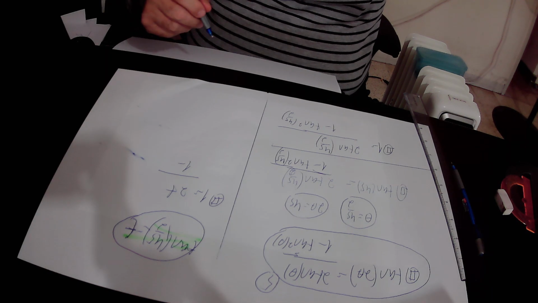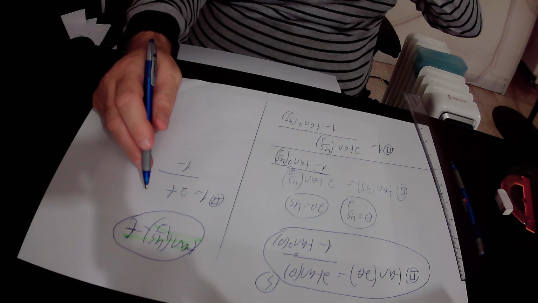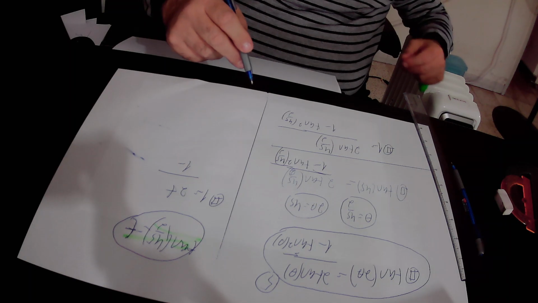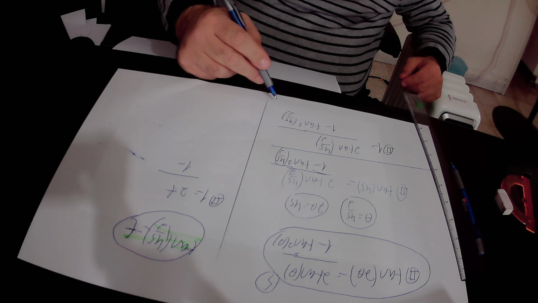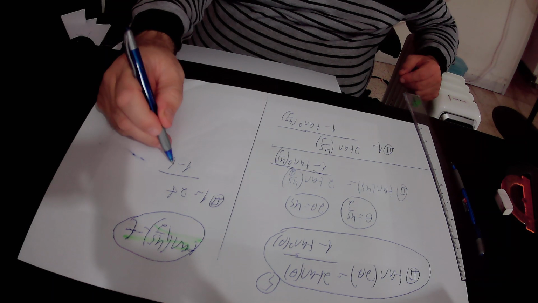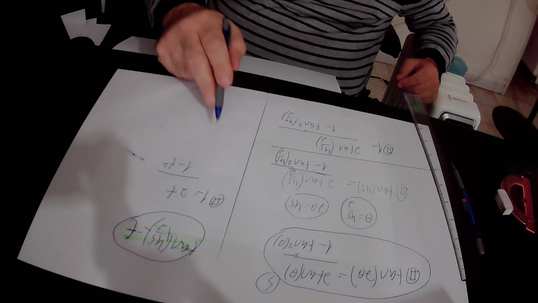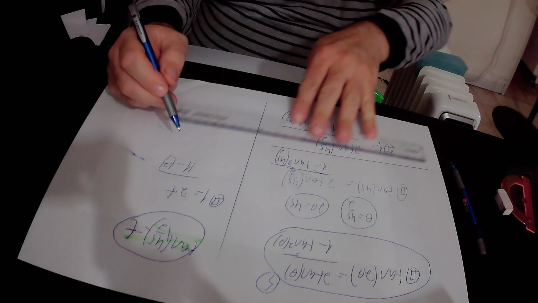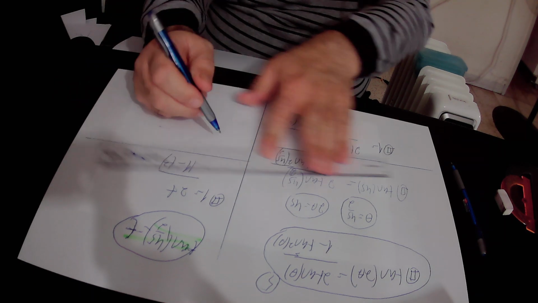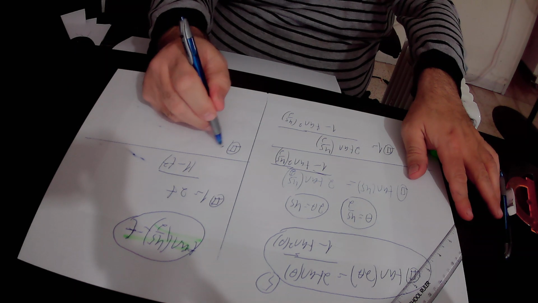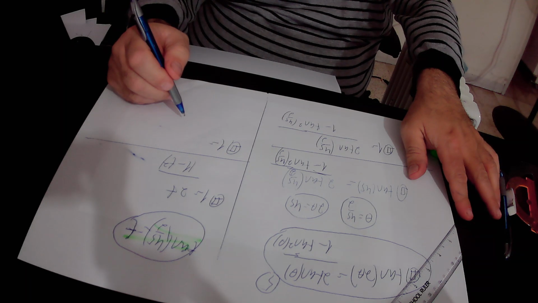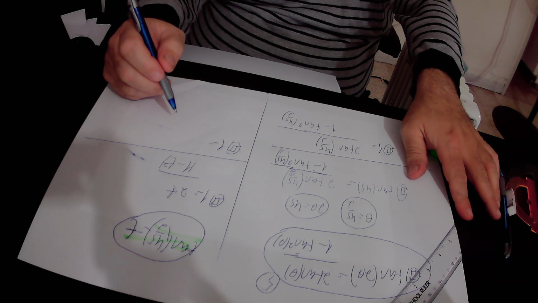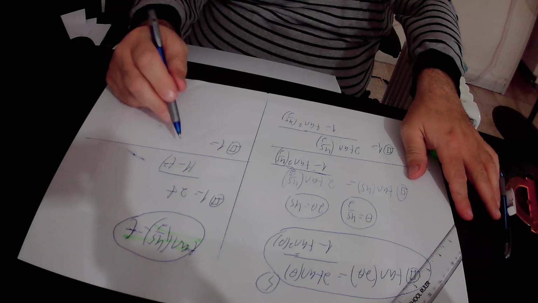So if tangent 45 over 2 degrees is t, then tangent squared 45 over 2 degrees will be equal to t squared. So in total, in the denominator we have 1 minus t squared. So in conclusion, according to equation number 2, 1 equals 2t over 1 minus t squared.